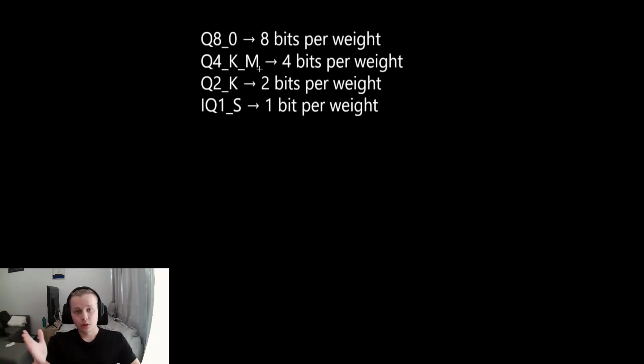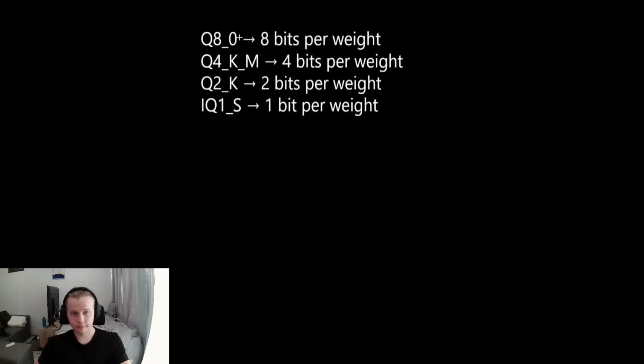What really matters for the understanding is that this one right here means that it is 8 bits per weight, this one right here means that it is 4 bits per weight, this is 2 bits per weight, and this is just 1 bit per weight. And yes, you have these and these and these, which are different technologies to manage them, but to have a good understanding, that is basically the core of it.